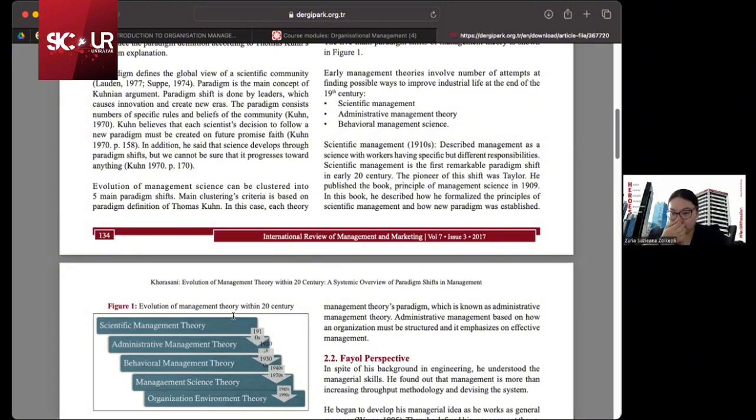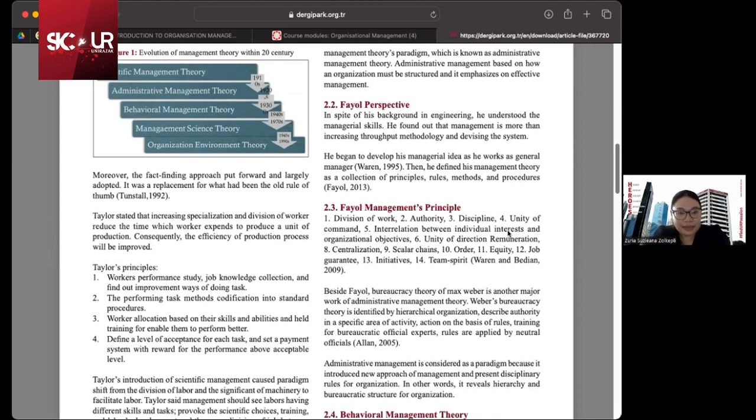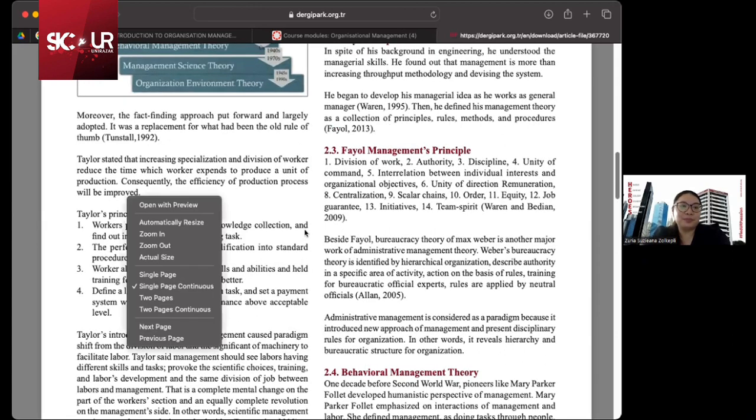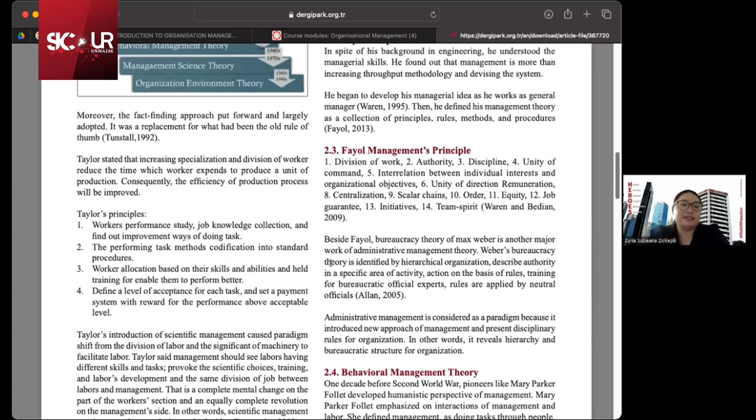And then we also have Taylor. Taylor's principles are job knowledge collection, improving the way of doing tasks, standard procedures, and worker allocation.